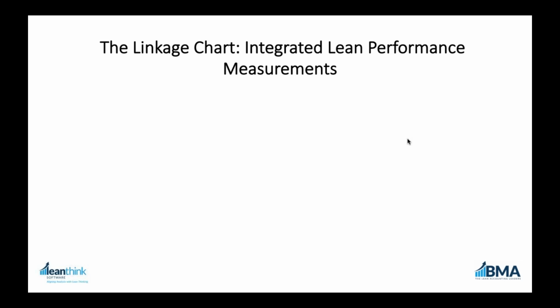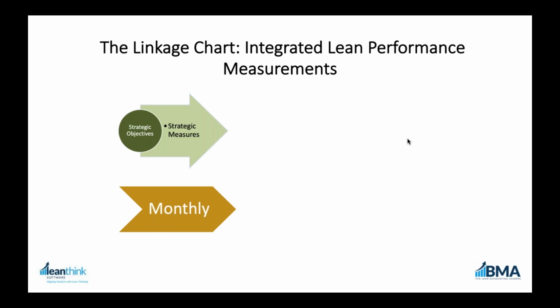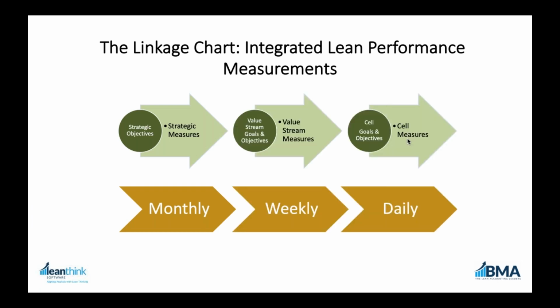We use it as a 3-day Kaizen event. And in 3 days, a company pretty much has enough to get started with lean performance measurements. So the idea here is to connect the simple measurements with the reporting cycles that are required.